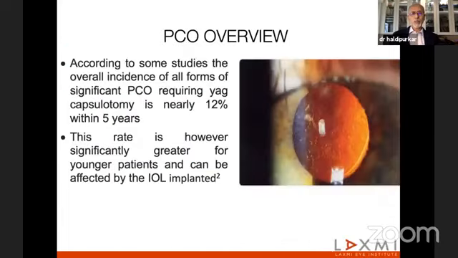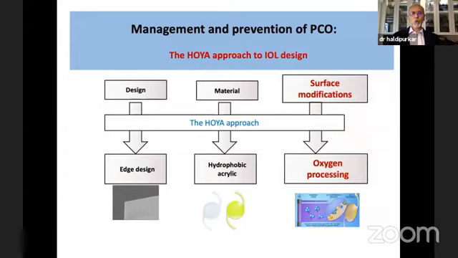Let's look at the PCO overview. According to some studies, the overall incidence of all forms of significant PCO requiring YAG capsulotomy is nearly 12% or more within 5 years. The rate is, however, significantly greater for younger patients and can be affected by the lens that we implant. Now, Hoya has its own triple approach, which was described in the first talk by Dr. Kumar.